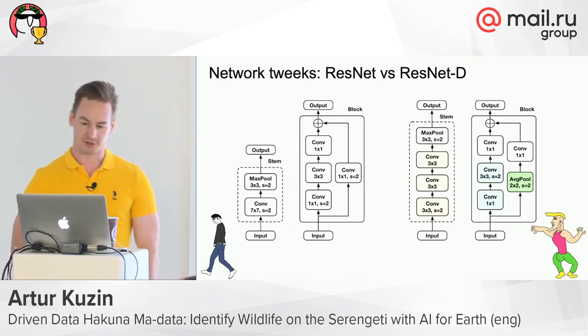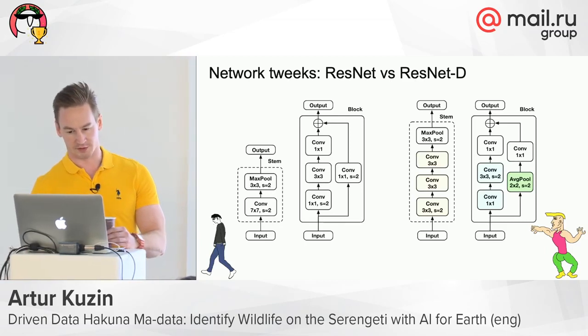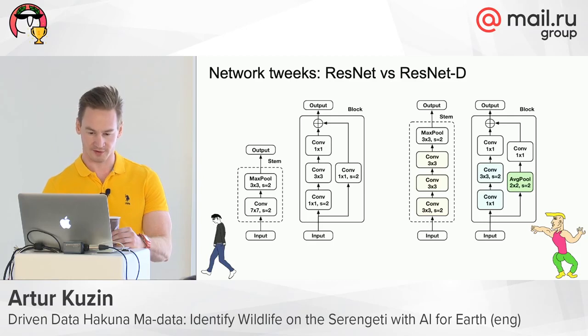The other 2 modifications are about the bottleneck block. It's about putting average pooling on the skip connection branch, and moving the stride from the first conv layer 1 by 1 to the second layer 3 by 3.